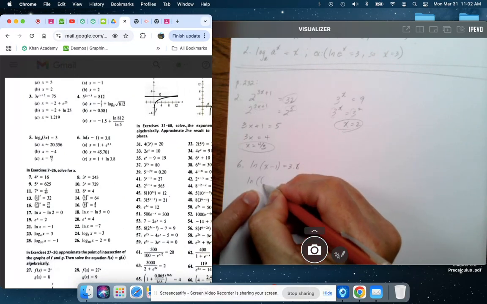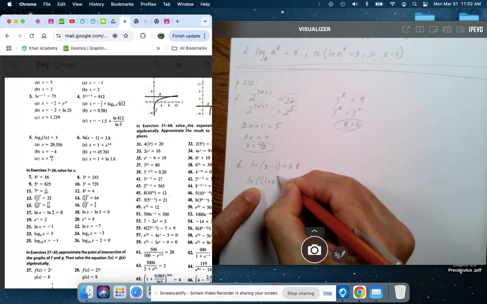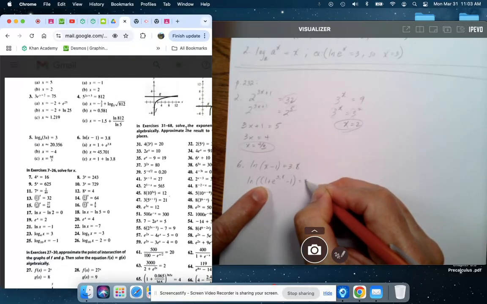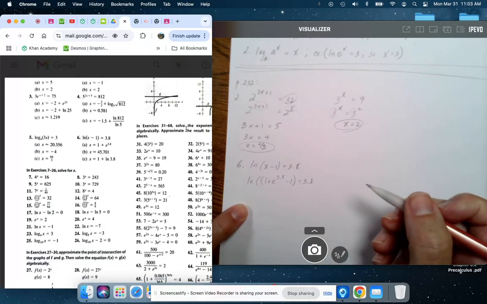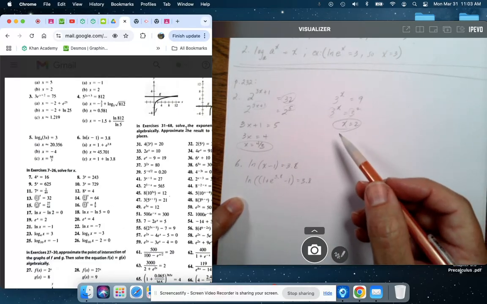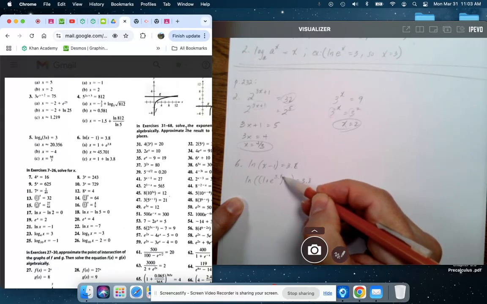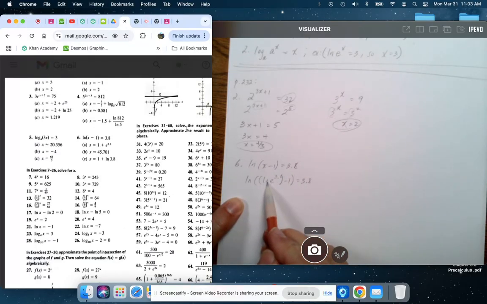So that 1 plus e raised to the 3.8 minus 1 equals 3.8. Is that a solution? So all I did was I replaced x with what they gave me, which is 1 plus e raised to the 3.8.